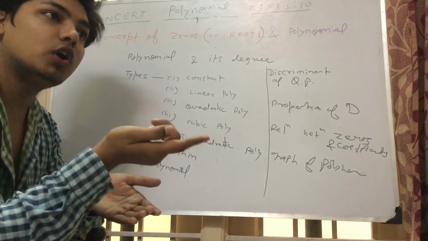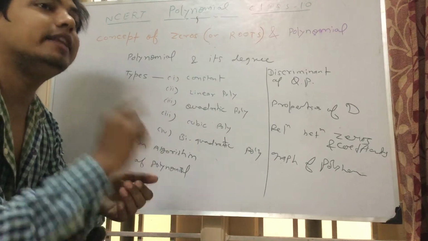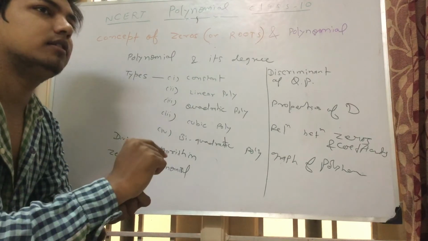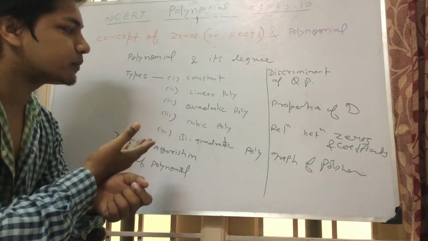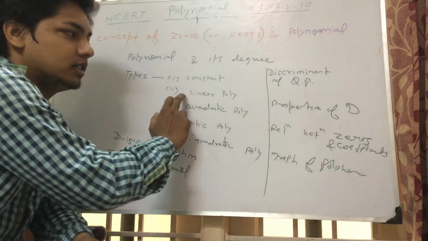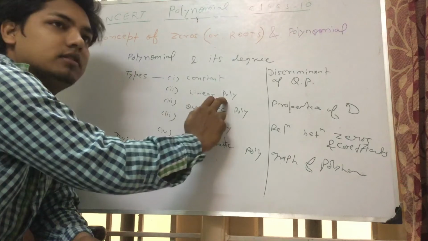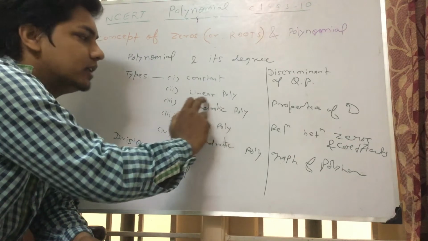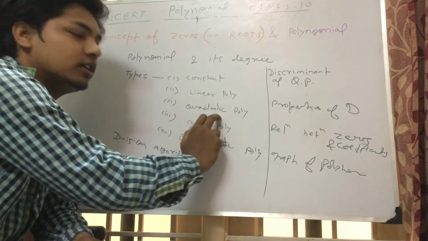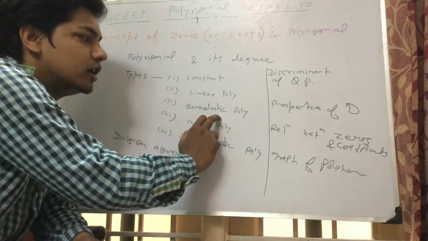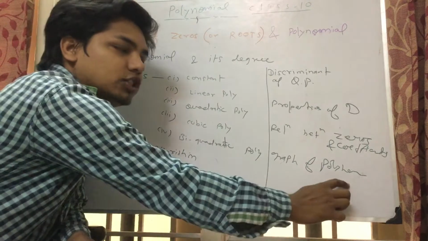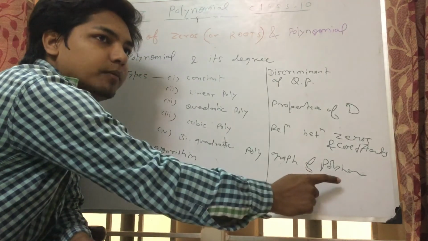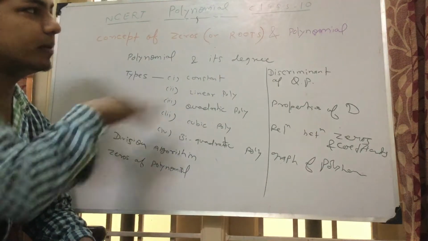But if you draw a quadratic equation, then you will not get a straight line, you will get a curved line. So if you draw a linear polynomial you get a straight line, and if you draw a quadratic you get a curved line. These things, the graphical method, what kind of shape I will get, we will cover in this topic, graph of polynomial. Okay, so I think topics are covered.